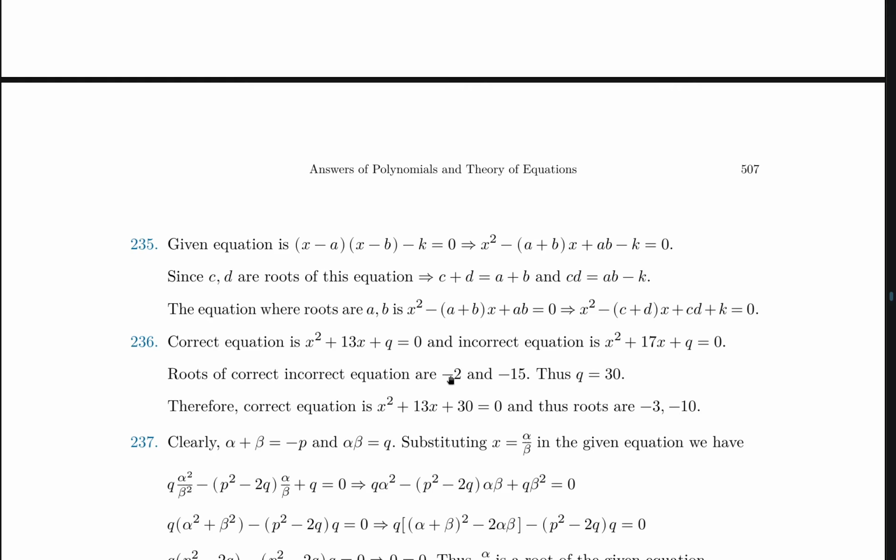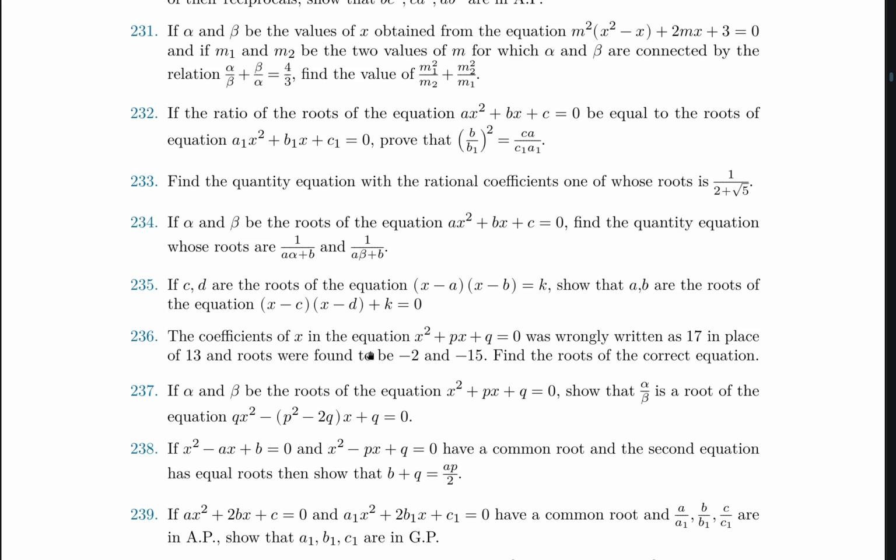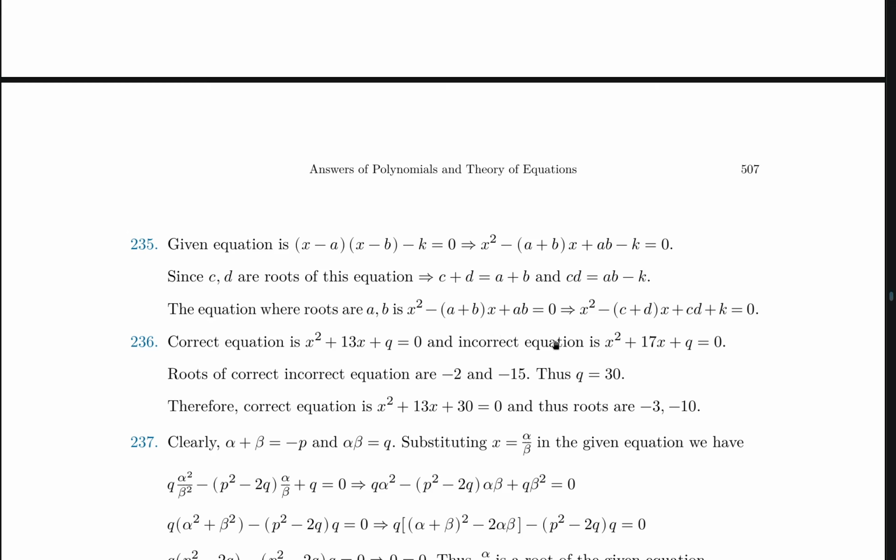So the question you could ask is, this is our correct equation. The coefficient of x is wrongly written, but q is correct. So the first thing it says is the coefficient of x is written incorrectly, but q is correct.